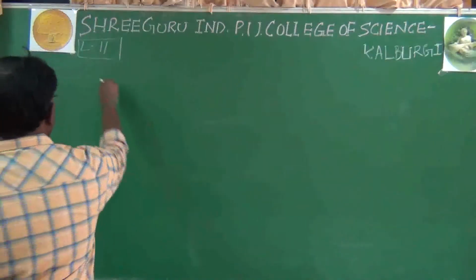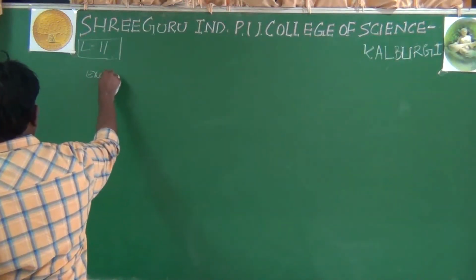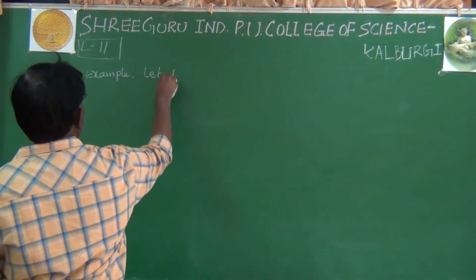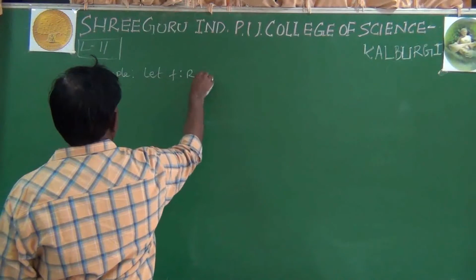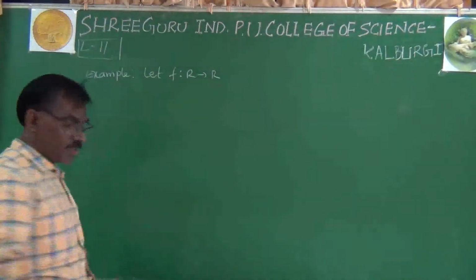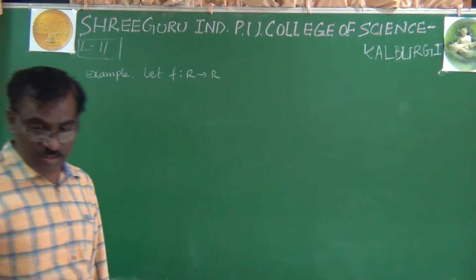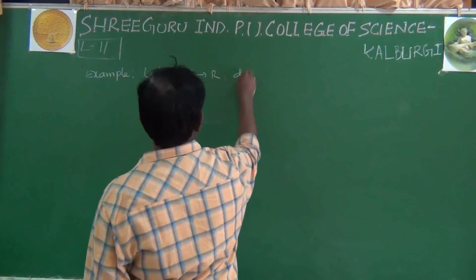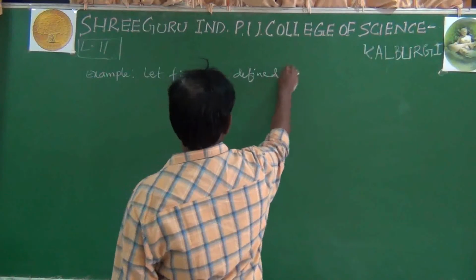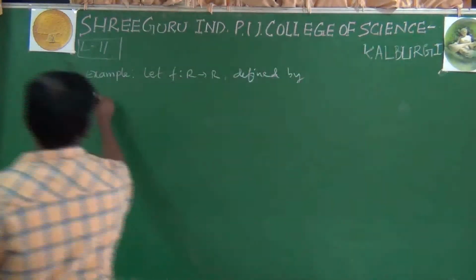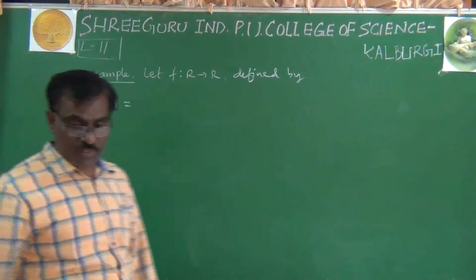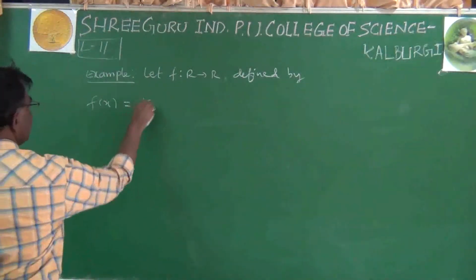Then let f from R to R be defined by f of x equal to 10x plus 7.